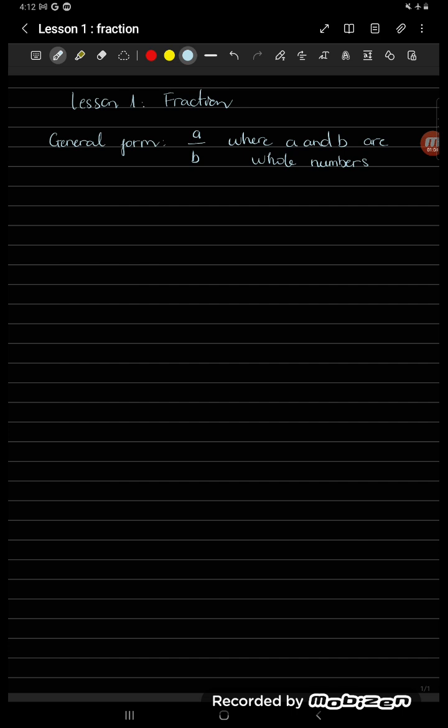For a fraction, the top part A we call the numerator, and the bottom part B we call the denominator. Okay, we have some examples of fractions, like 1 over 2, 3 over 5, 6 over 7, 10 over 9.